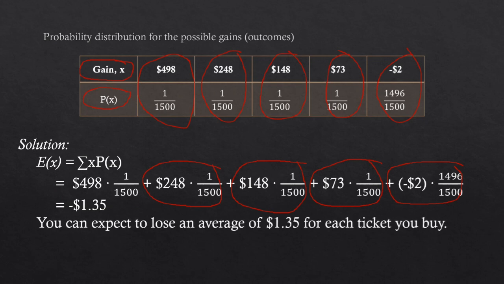So, you can expect to lose an average of $1.35 for each ticket you buy.